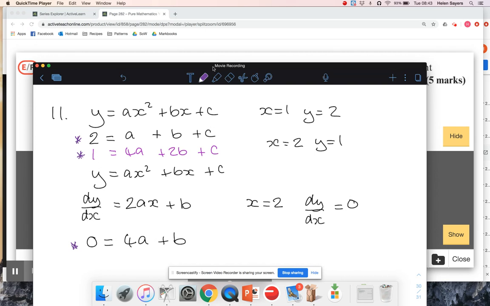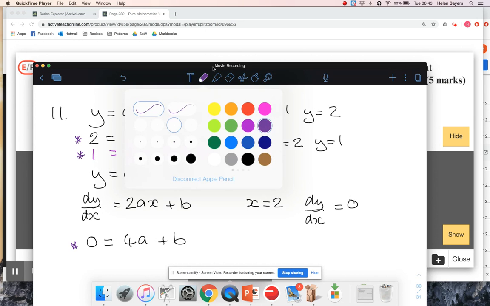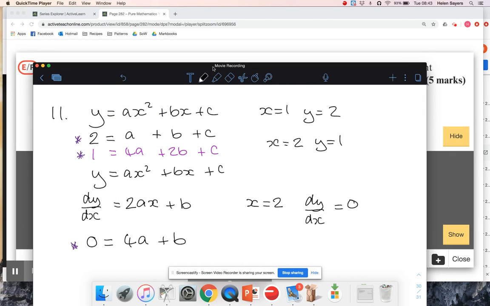There's lots of variations on how I might choose to do it. I think what I will do is I will use the bottom one. So I'm going to rearrange this one and just say that b is minus 4a. I'm then going to substitute that into each of these.